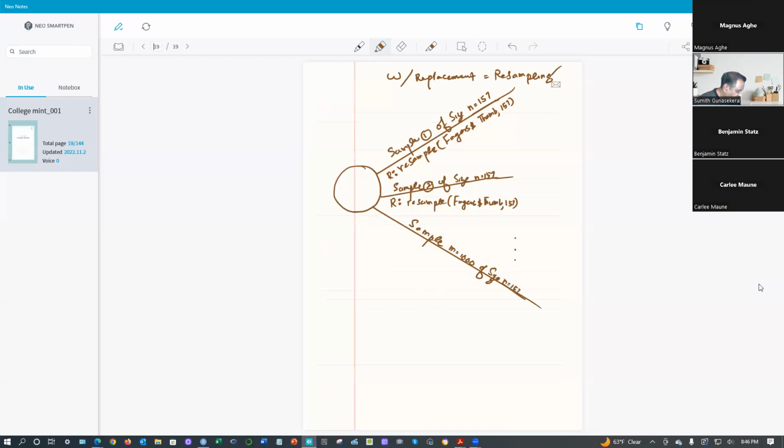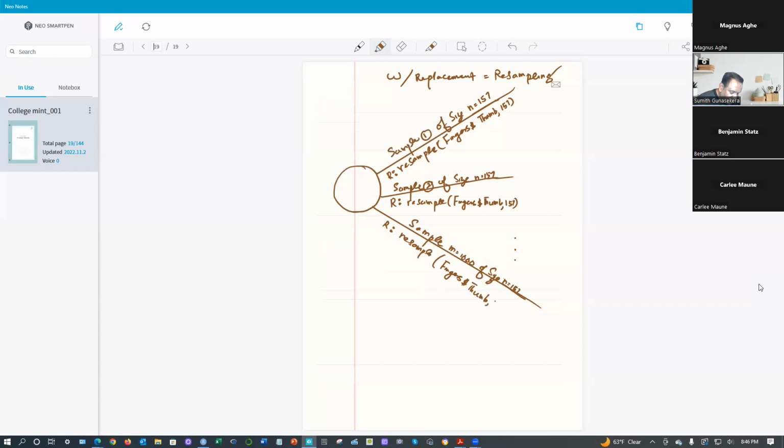But again, you use the same code. In R, you code the same code, resample fingers. That's why you don't have to do this several times, and that's why you use the do function.